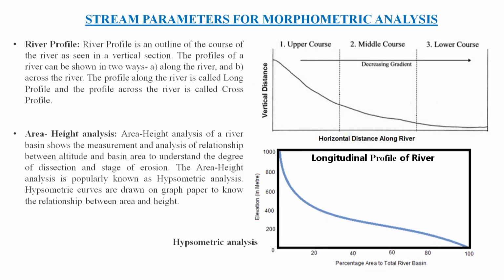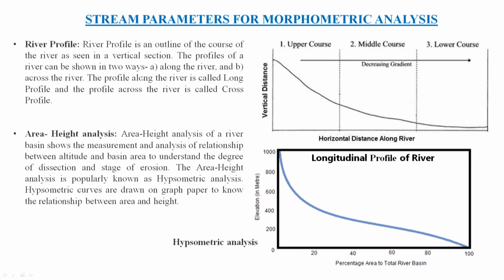Obviously there will be some changes depending on where you are making that particular section, but usually your gradient will not change when you are doing a profile that is across the stream. Rather it will be extremely distinct when you are taking a profile that is parallel to the stream or along the stream.